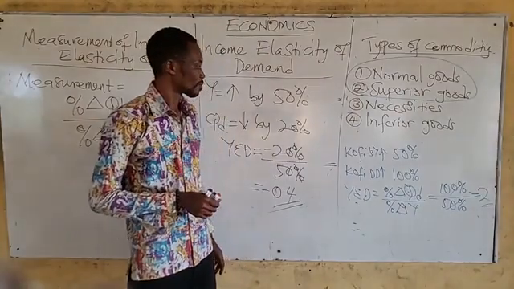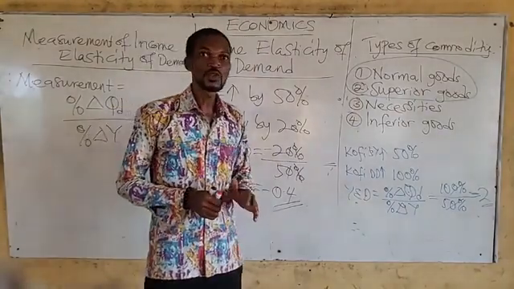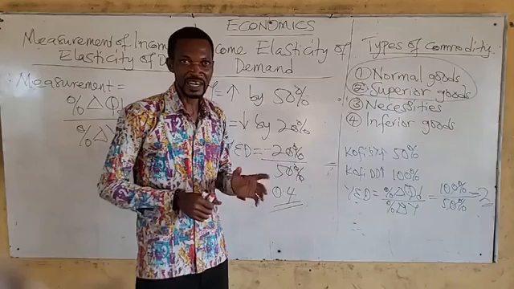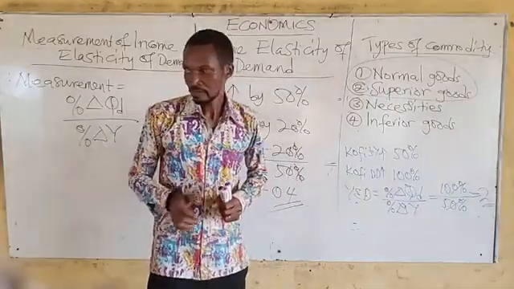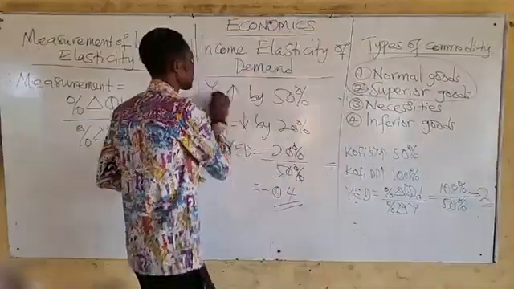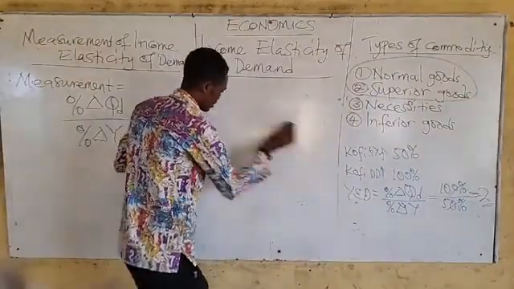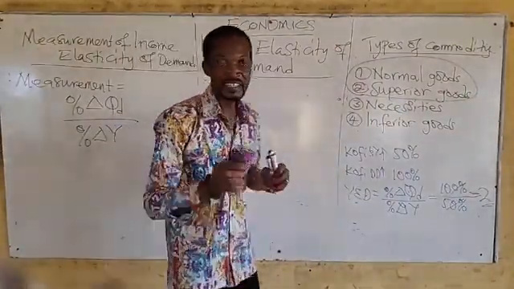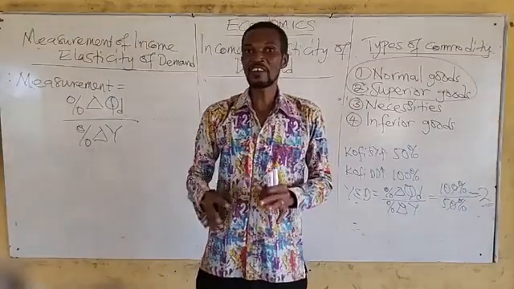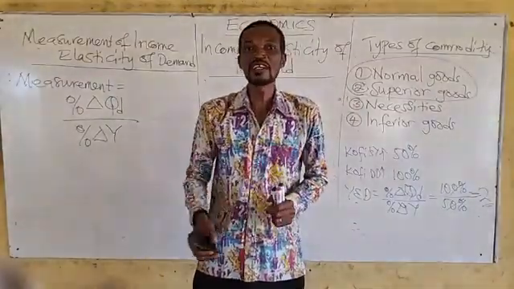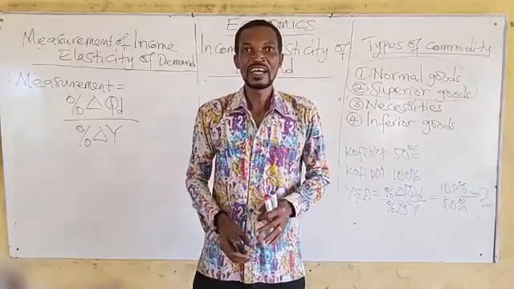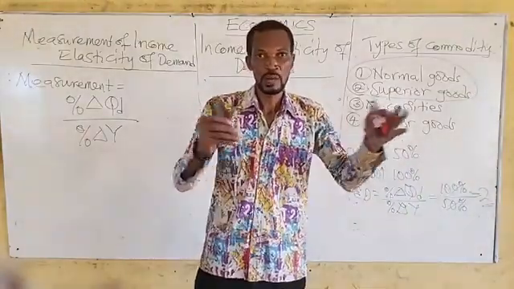Very good. Now I'm going to take you through a very simple diagram we call Engel's curve. Engel's curve in economics is just a curve that shows the relationship between the income of a person and the person's demand for a particular commodity.